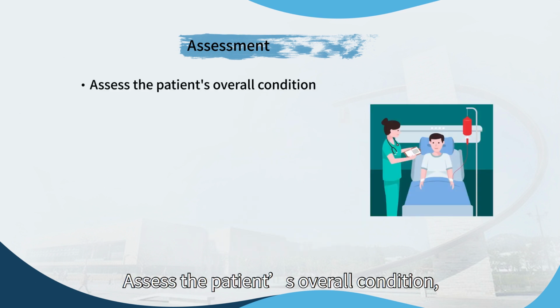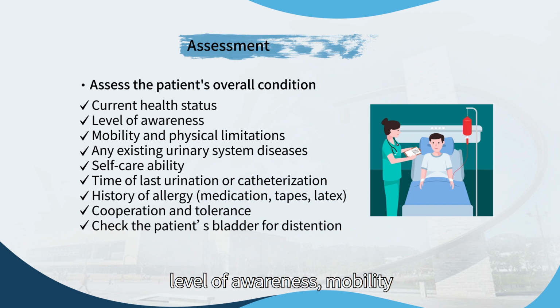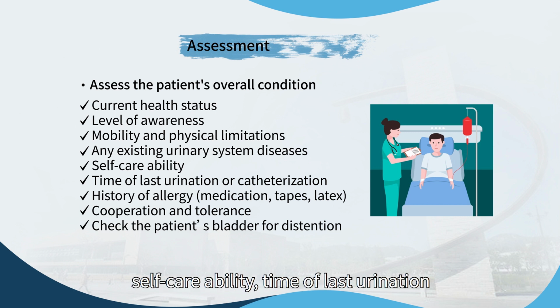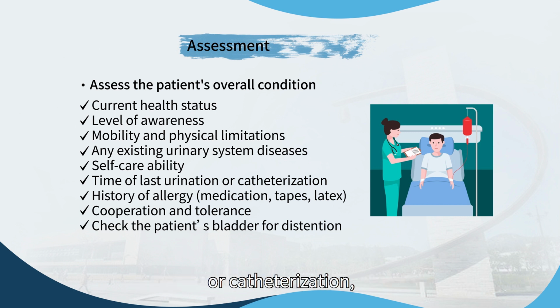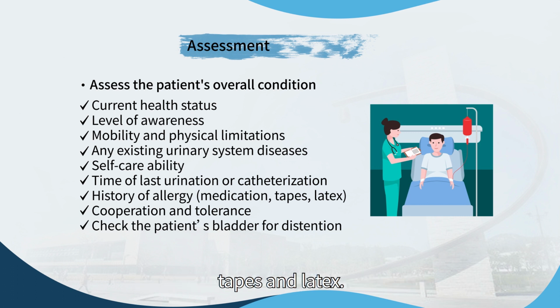Assess the patient's overall condition, including current health status, level of awareness, mobility and physical limitations, any existing urinary system diseases, self-care ability, time of last urination or catheterization, and history of allergy to medication, tapes, and latex.